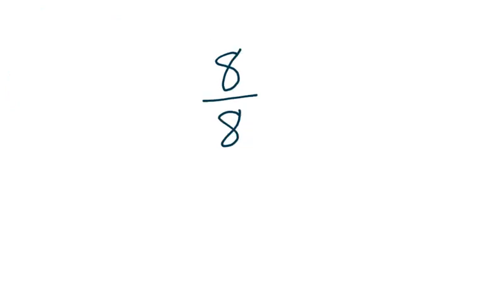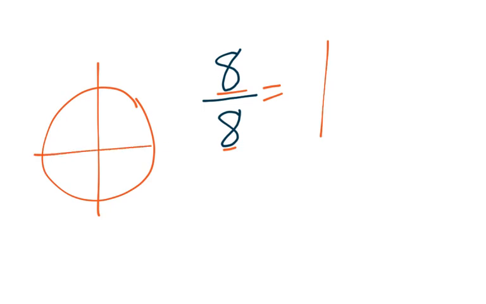Okay, now, whenever we have a fraction with the same number in the numerator and the denominator, it's always going to be equal to 1 whole. This basically means you have a pizza, and your pizza's cut into 8 slices, and you eat all 8 slices of your pizza.